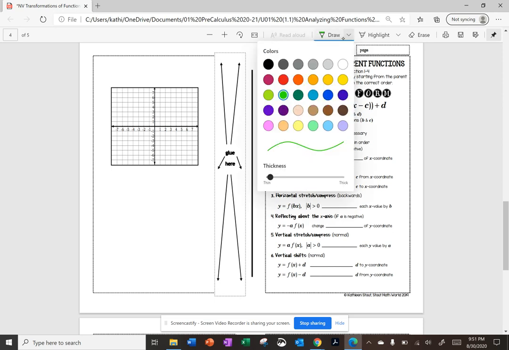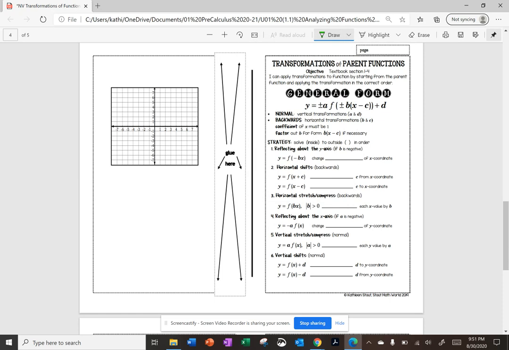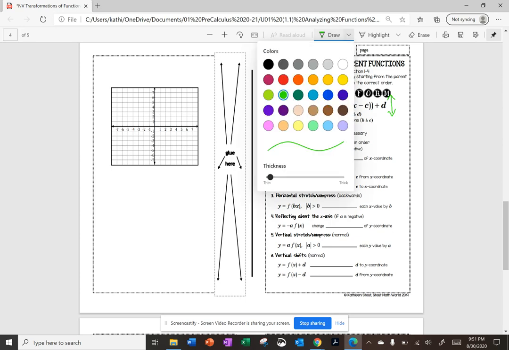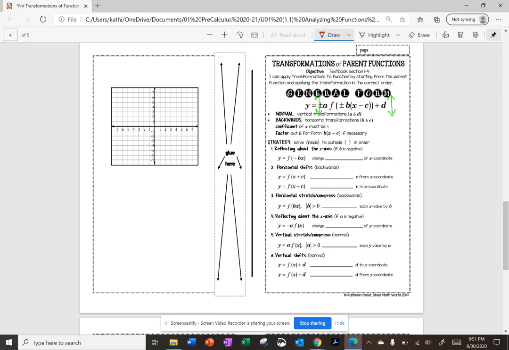My vertical transformations are A and D, and I kind of make goalposts on the sides, and I'm doing them in green, and that gives me some visual clues that these are normal, and my B and C transformations are my horizontal, and they're backwards. So I like using color to give me a reminder that the horizontal transformations are backwards.